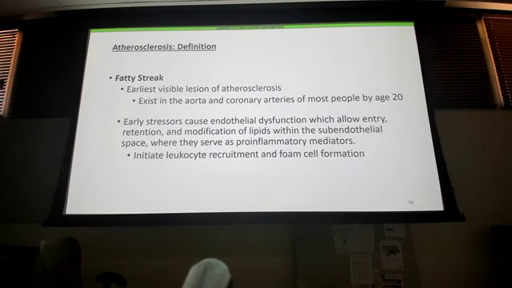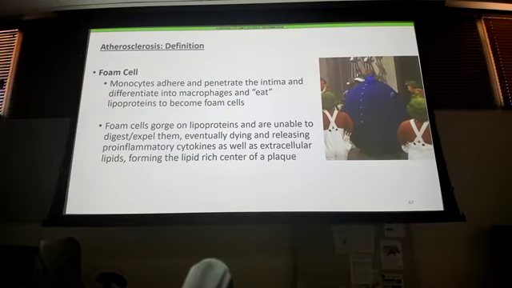But we talked about the fatty streak is the earliest visible sign that there's something going on, and typically we think of stressors that cause an endothelial dysfunction, which allows for LDL to get deposited in this space, which then initiates the immune system to react to try to clear out that LDL.